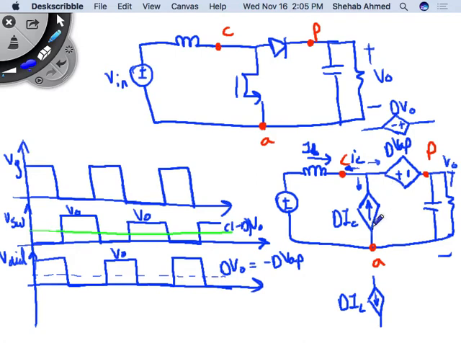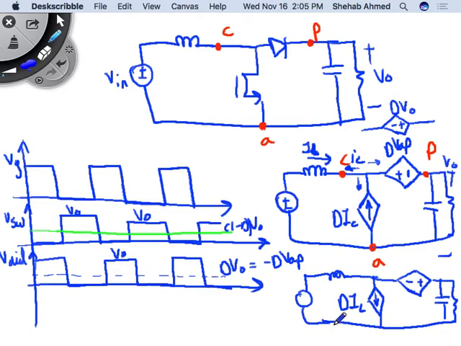And then I can redraw the circuit, after we have an understanding of how we derived it. Minus here and plus here, right?